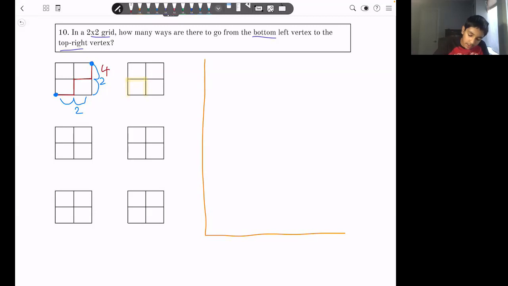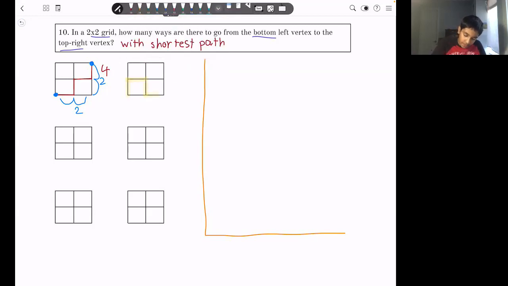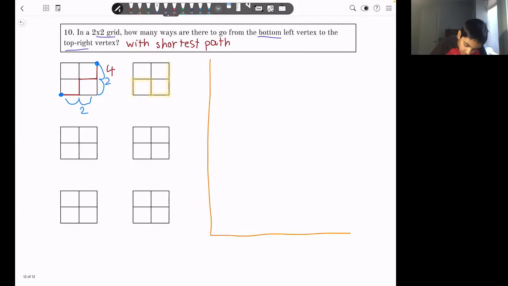So the question should actually state the shortest path. The question should say with the shortest path: how many ways are there to go from the bottom left to the top right? So if we take a detour and then we go up and then we go up, this is not the shortest path, since now we took 1, 2, 3, 4, 5, 6 steps.